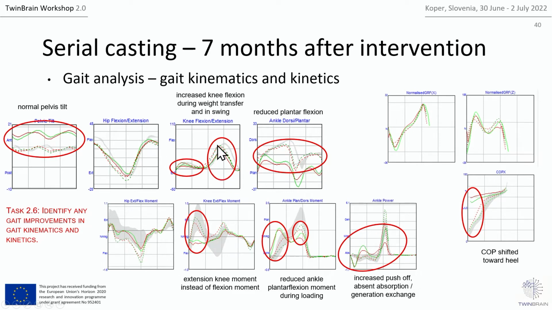Also, the range of movement has improved in the knee joint. And in the knee joint, instead of the flexor moment that was present before the intervention, we now get an extensor moment. What we also notice is that the pelvis is no longer inclined so much in the anterior direction as it was before the intervention.